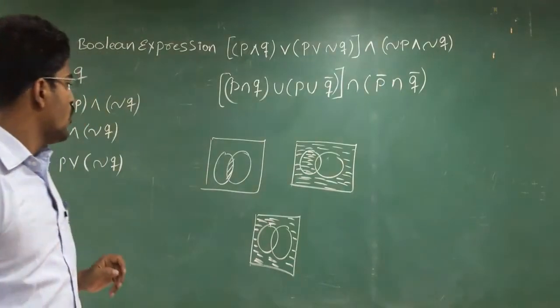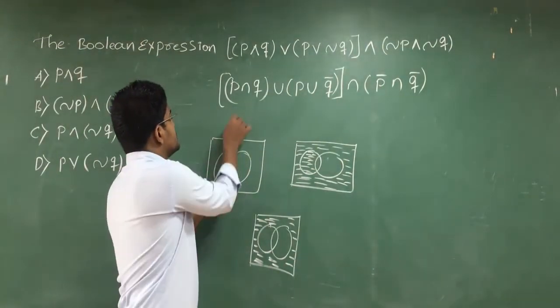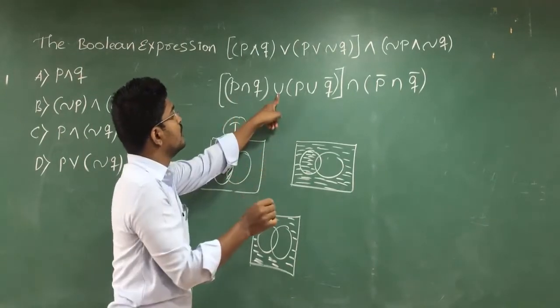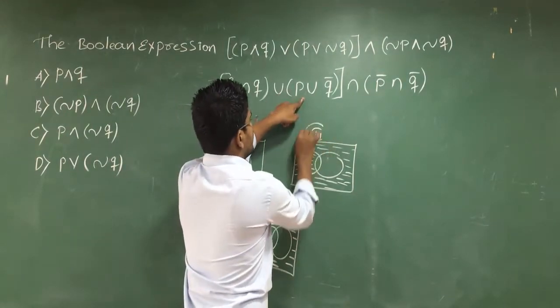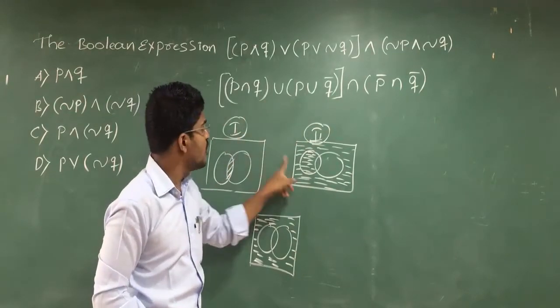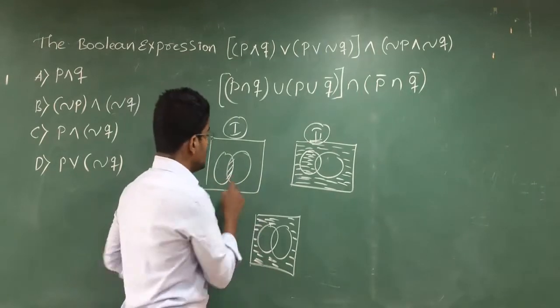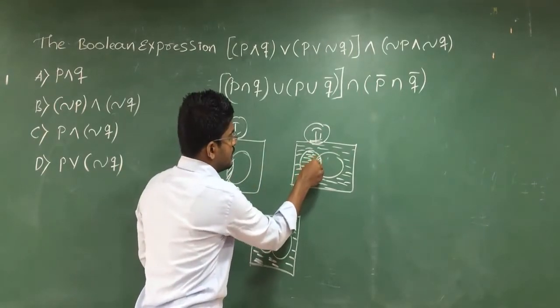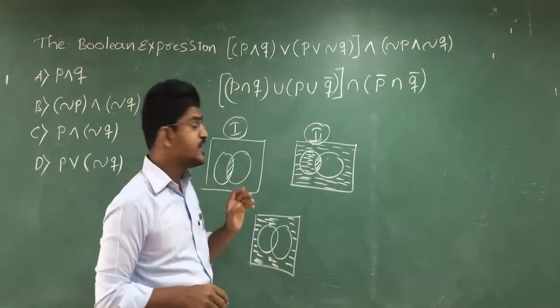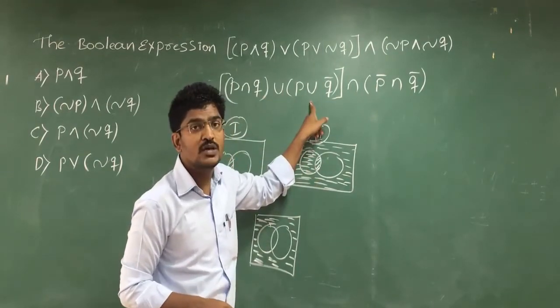Clear? Okay. So now see here, this is first one, this is second one. They are taking union of these two, union of 1 and 2. If they take union of 1 and 2, it will be this diagram. Clear? That means this particular area is also included in 1 and 2. Clear?